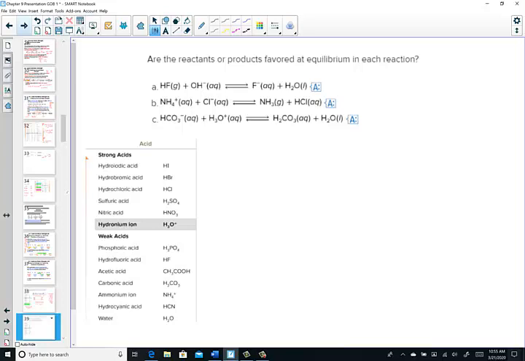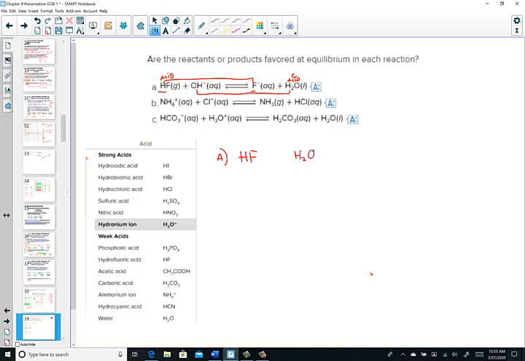All right, well, let's try. Letter A gives us HF going to F negative. Those two are conjugate pairs. HF is the acid. OH negative and H2O are the conjugate pairs. The conjugate acid of hydroxide is water.